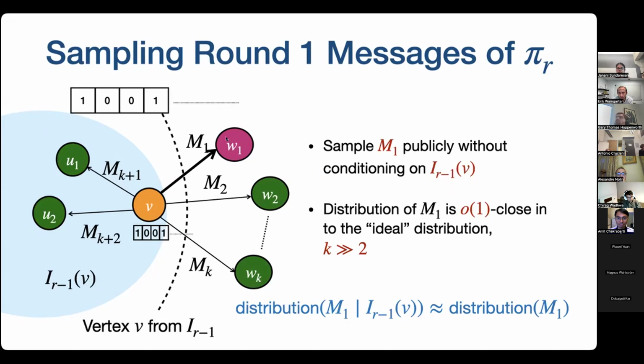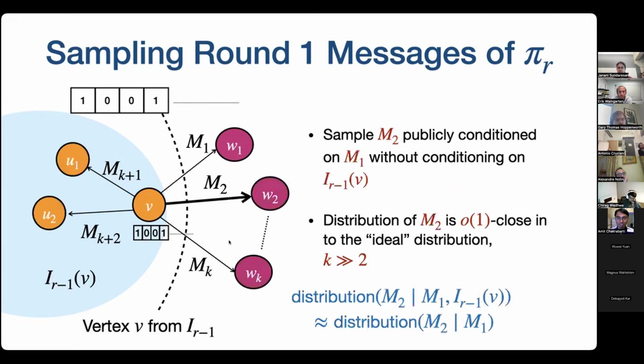But when we're sampling this, we won't be able to include this inner part of V, specifically U1 and U2, because this is not something that publicly everyone knows. So you can't use public randomness to do this. But K is going to be much, much larger than 2. So whatever information M1 sends is going to be about a lot of these fake neighbors. So it's all right. Even if you ignore these U1, U2, you'll be okay. You're not going to be too far.